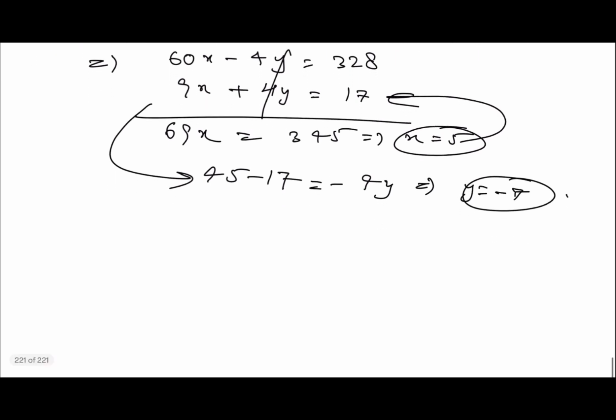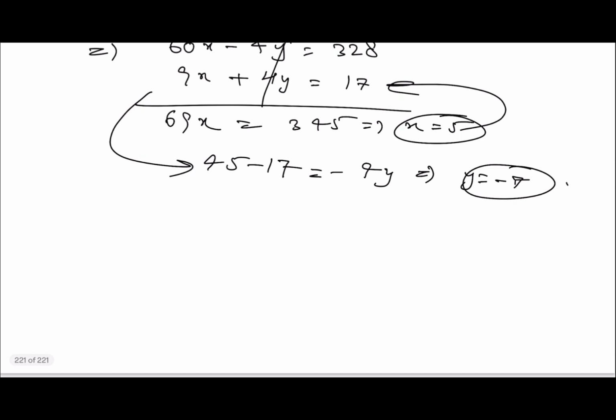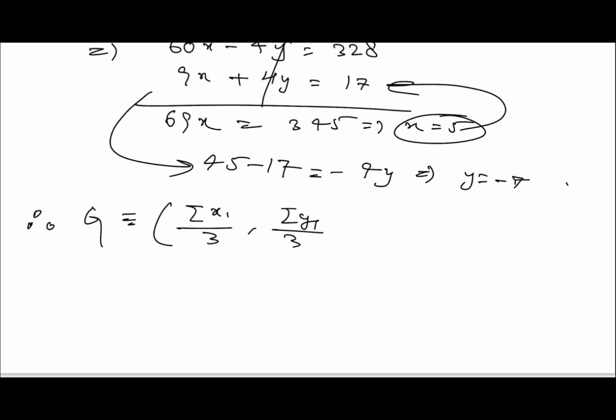Okay, so now I have x1, x2, x3 and y1, y2, y3. So for the centroid G, this is nothing but summation x1 by 3 comma summation y1 by 3. It is very simple. This is from the question, this is nothing but alpha comma beta.